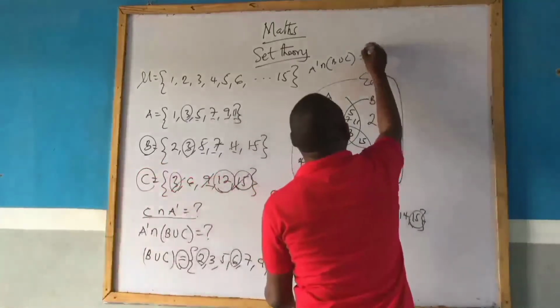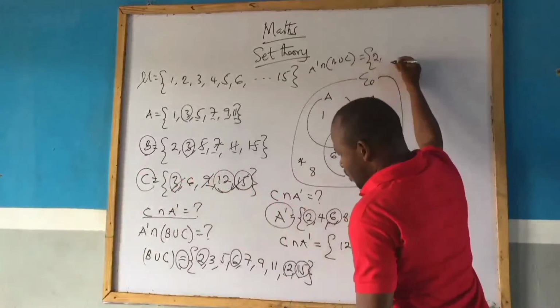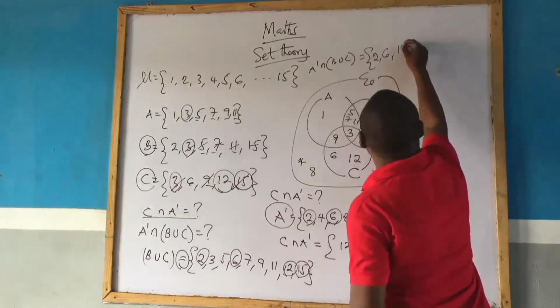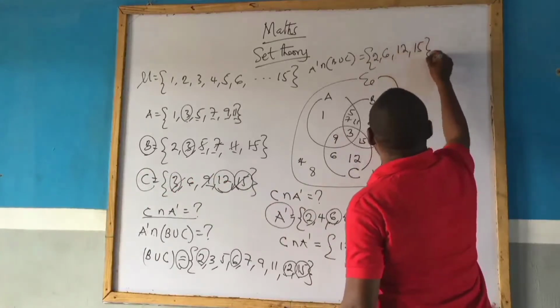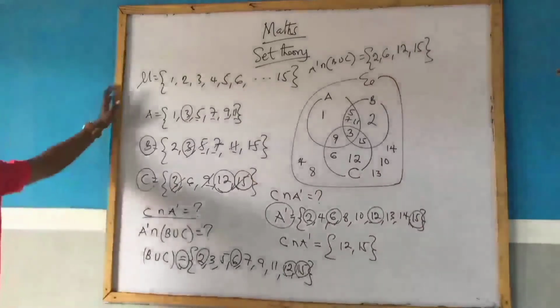So you come here and list them out. So you have 2, you have 6, you have 12, and then you have 15. So that answers the question.